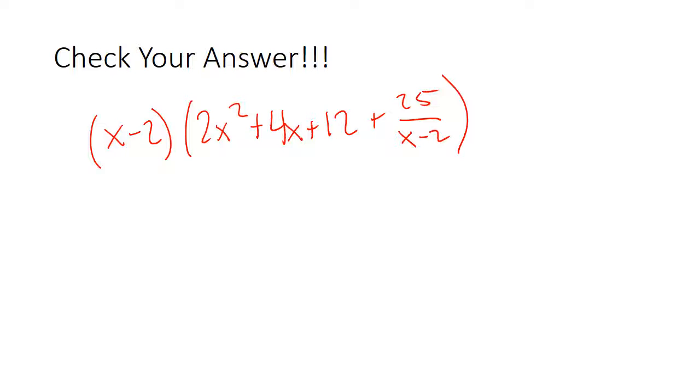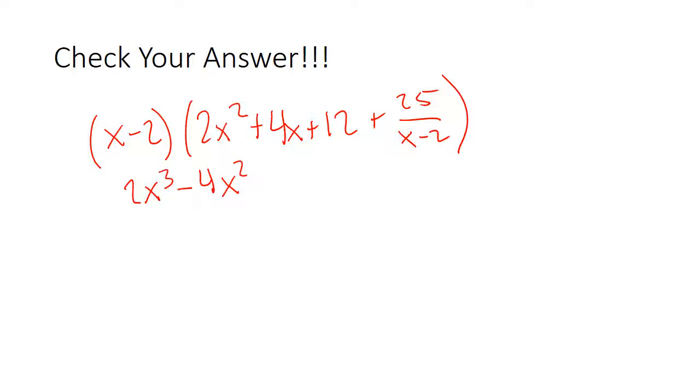So we're just going to distribute. So we'll do x minus 2 times 2x squared. So x times 2x squared will give us 2x cubed, and negative 2 times 2x squared is negative 4x squared.